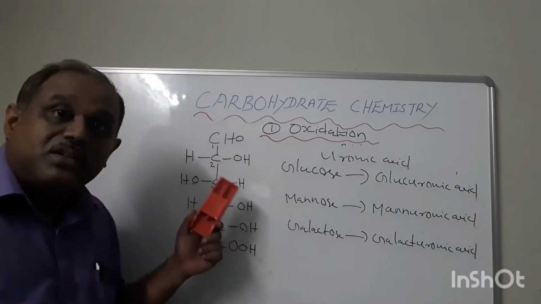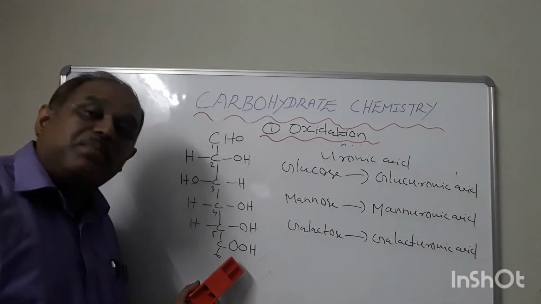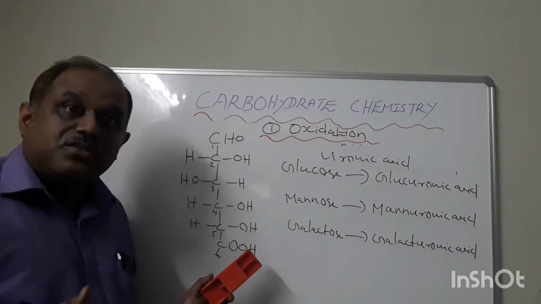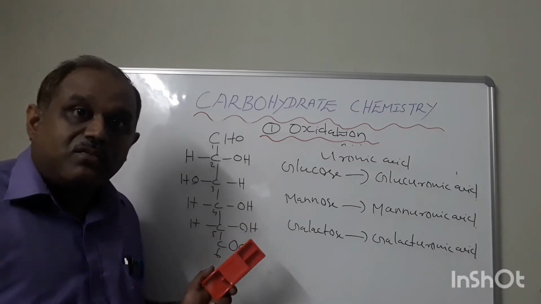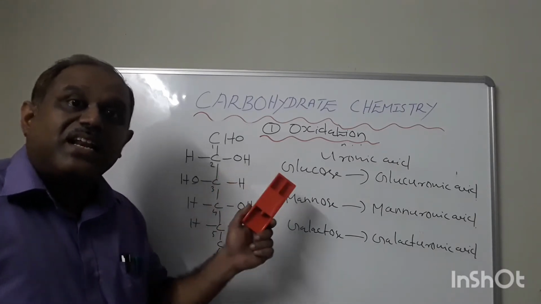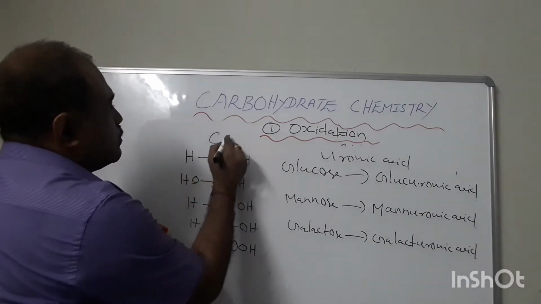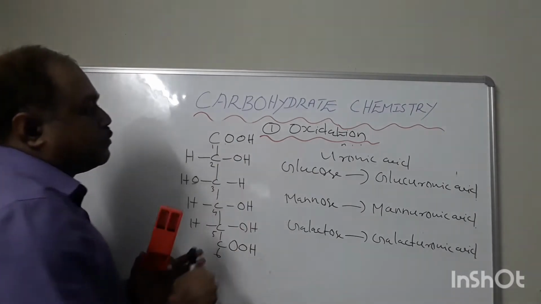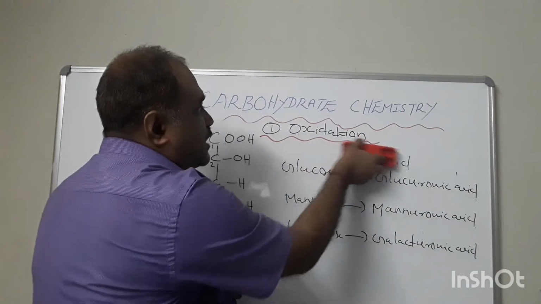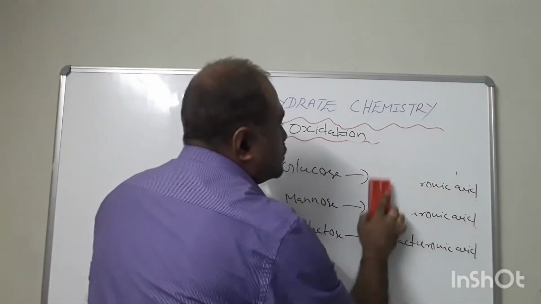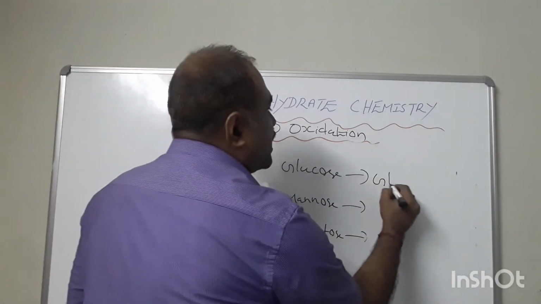Now if both carbons, that is the functional carbon and the terminal carbon, are oxidized under strong oxidizing agents such as concentrated nitric acid, you are going to get the corresponding saccharic acid. So this is glucosaccharic acid. If glucose is oxidized, you get glucosaccharic acid.